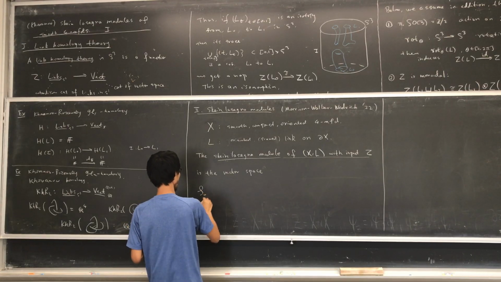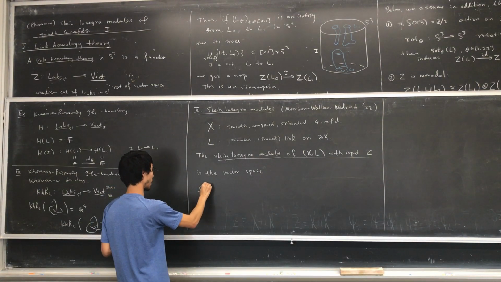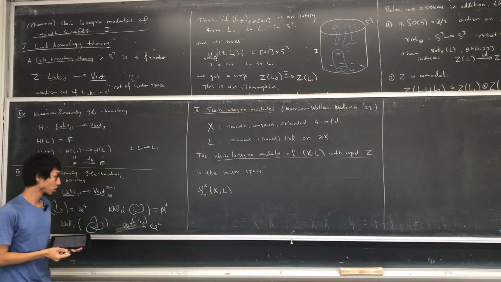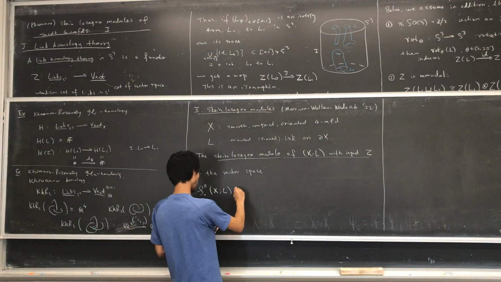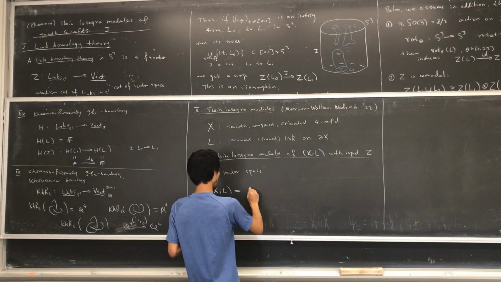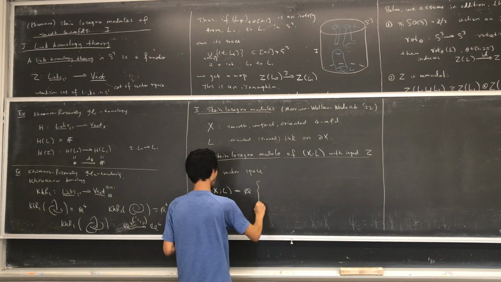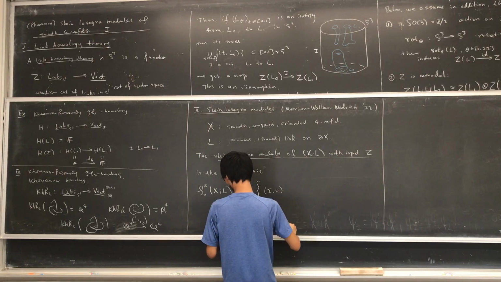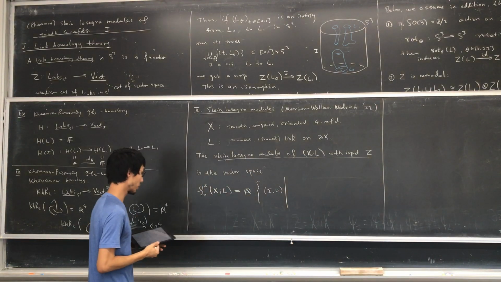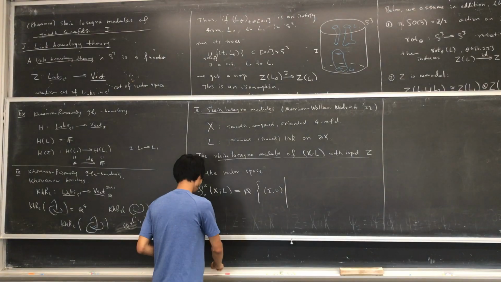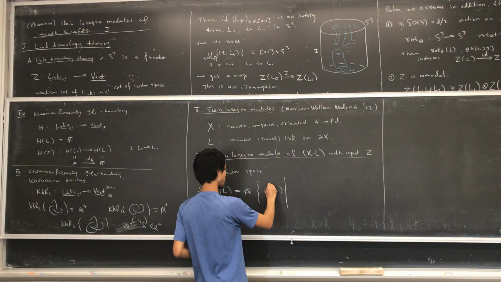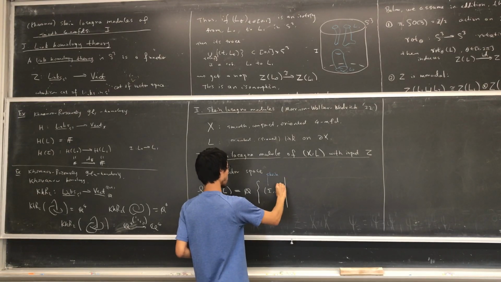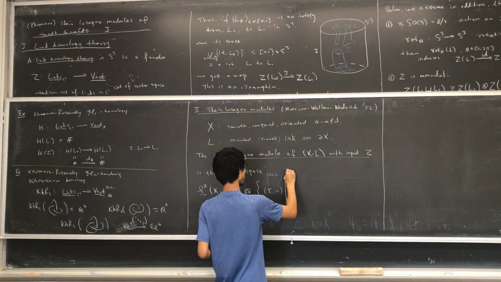The notation is script S sub 0 of X, L. This is going to be spanned by, so maybe let me write this down first and then explain, pairs of a surface which is called a skein, and a label V which is called a decoration.